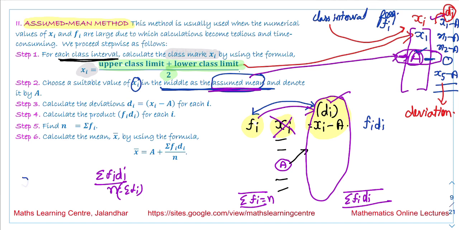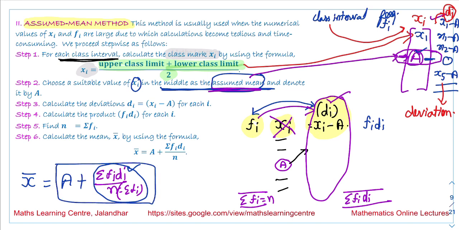It means the value of the mean that we obtain using these di is reduced by a. So we add a to it to get the final answer for the mean. So the formula we obtain is x bar is equal to a plus sigma fi di over n.